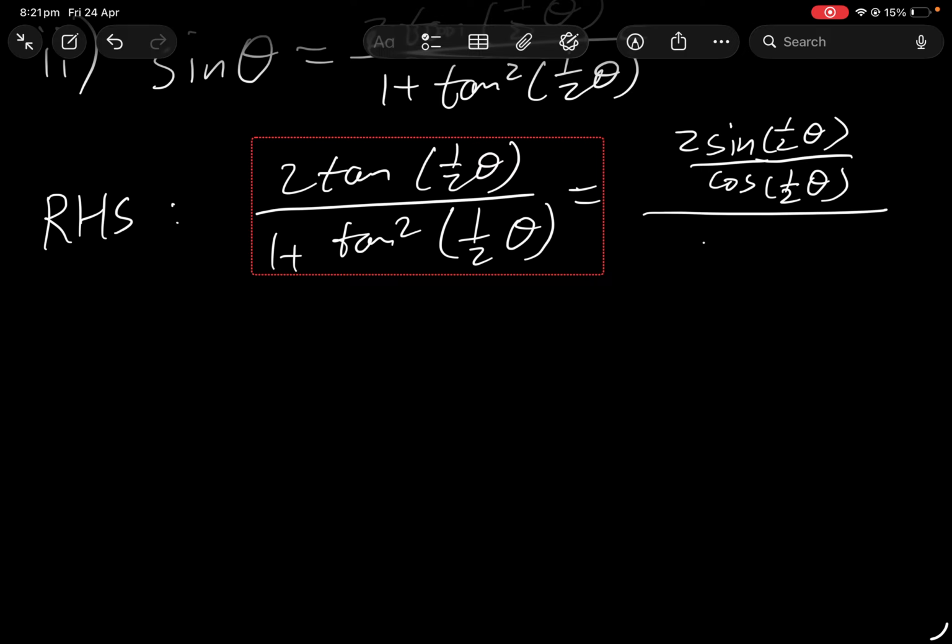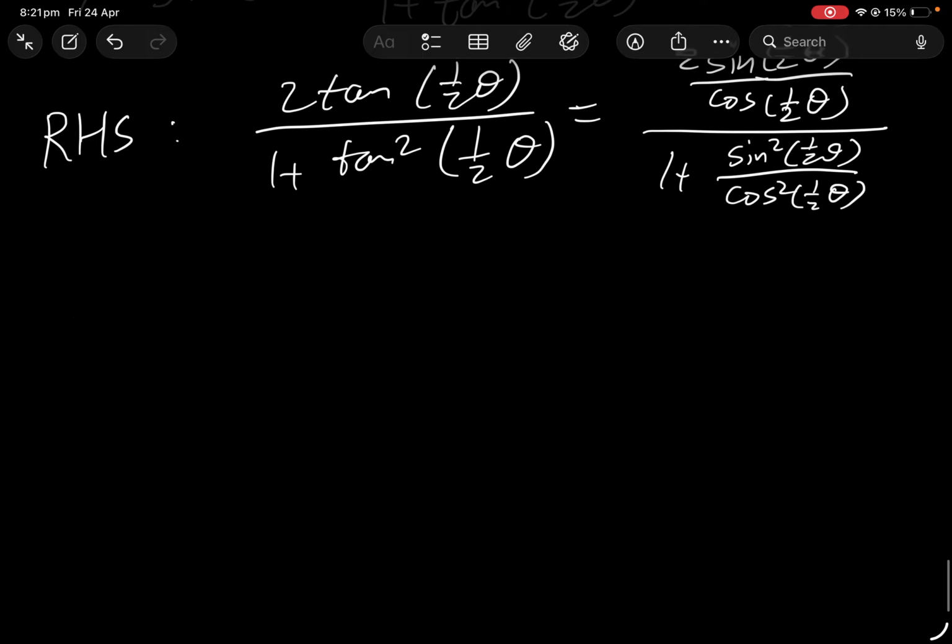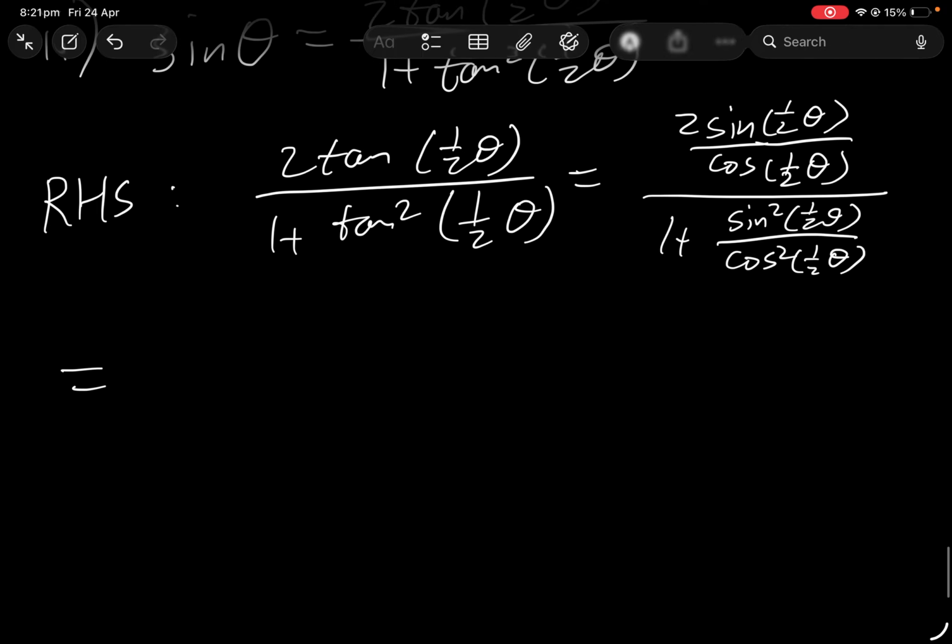At the bottom it's still 1 plus sine squared over cos squared. We do want to get rid of the 1 because it's not inside the fraction that we made.